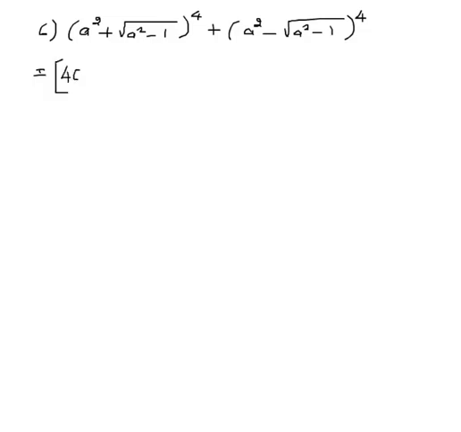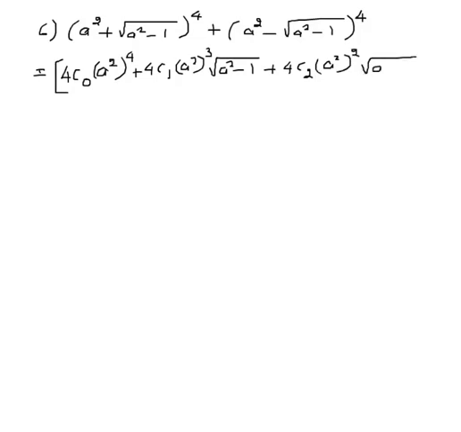First one, 4C0 a square power 4 plus 4C1 a square power 3 times root of a square minus 1. Then 4C2 a square whole square root of a square minus 1 the whole square.